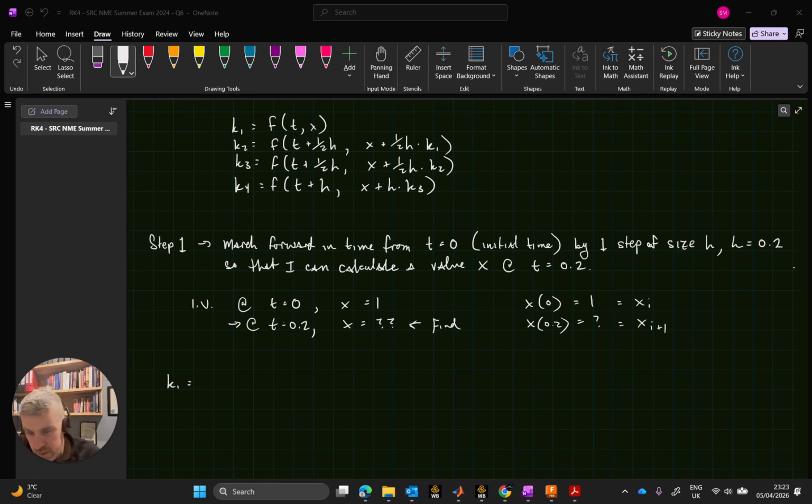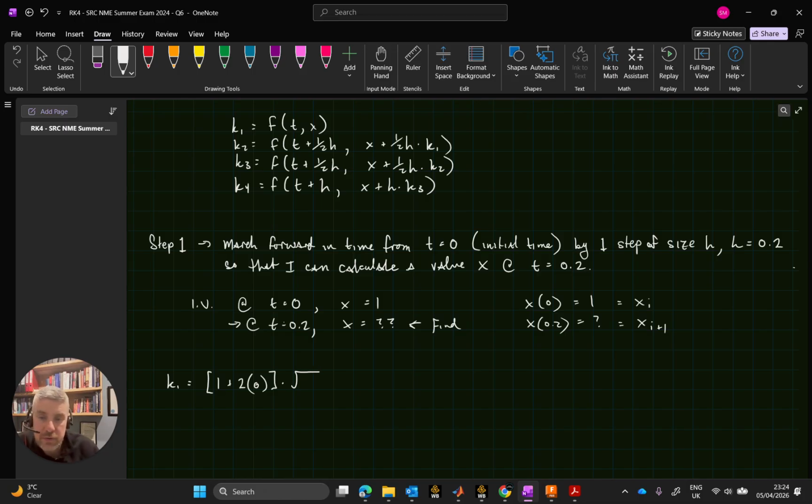So t for k1 is just my regular t. What is my t here? Well, at this current step, t is equal to 0.